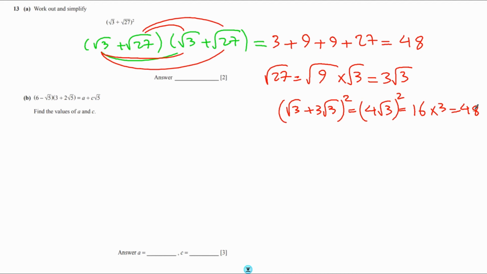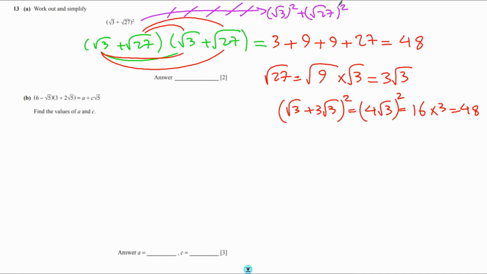But I have seen many students, when they look at a question like this, basically write the square root of 3 to the power of 2 plus the square root of 27 to the power of 2. That is a really bad mistake, and many students make it.